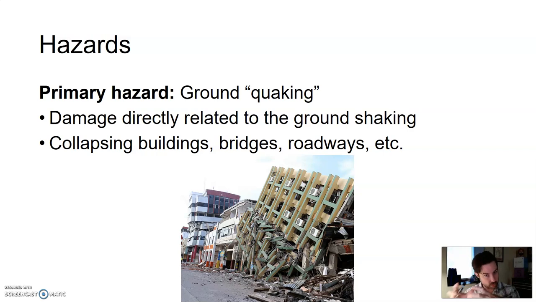So the ground quaking, that's just the primary hazard associated with earthquakes. This is damage directly related to the ground shaking. Because the ground was shaking, the building fell over. Because the ground was shaking, the bridges collapsed. Because the ground was shaking and split open, the roads fell into the earth. All of that damage is directly from the shaking itself.